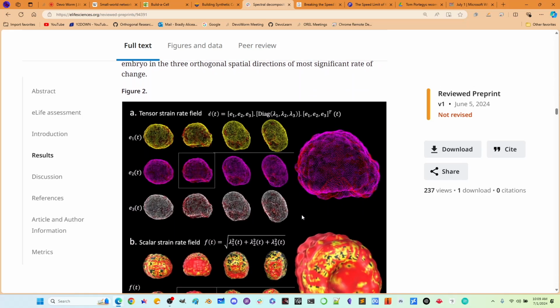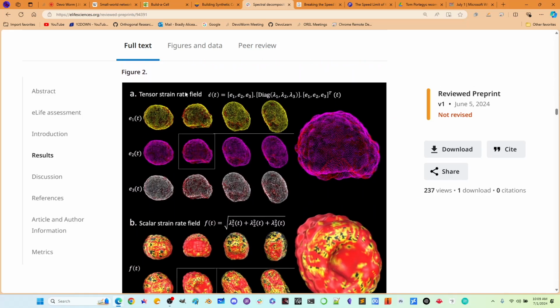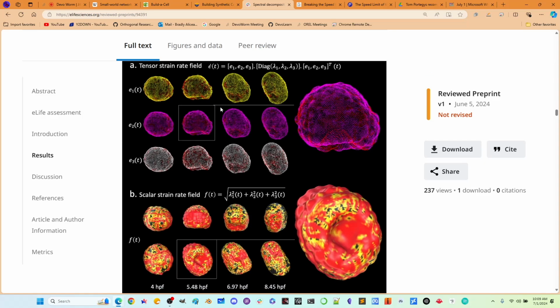And so this is another image here where you have the strain rate tensor field, or the tensor strain rate field, and that's here for these different components. So you can see that. This is an example of the strain rate tensor field across the entire embryo. Then you have a scalar strain rate field, which is this here.